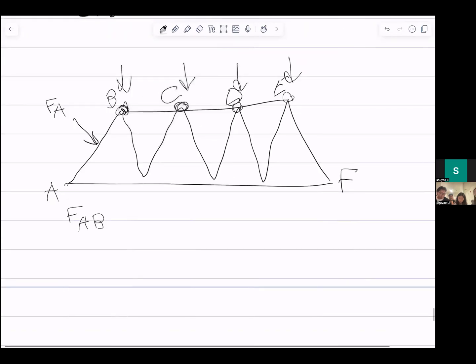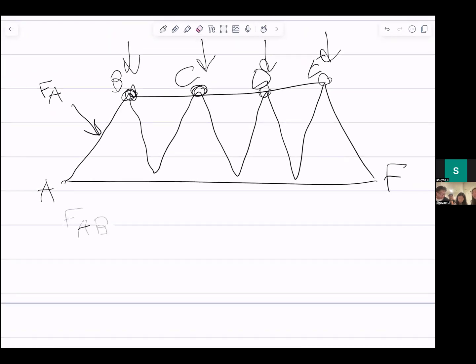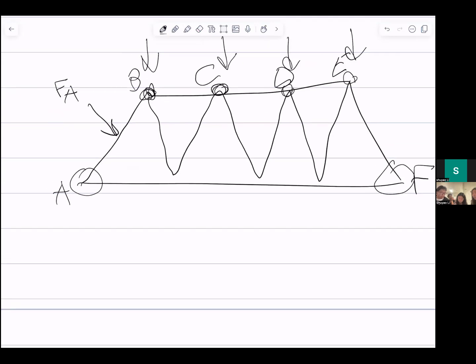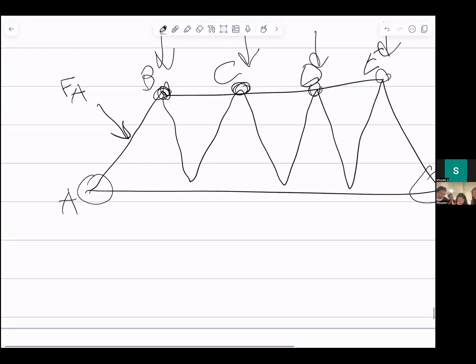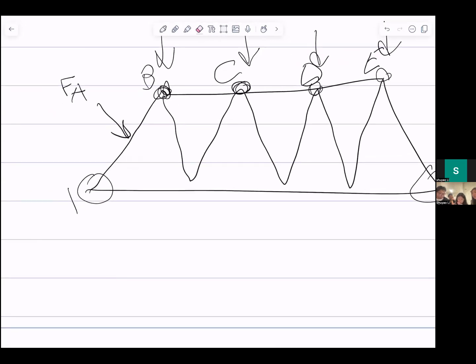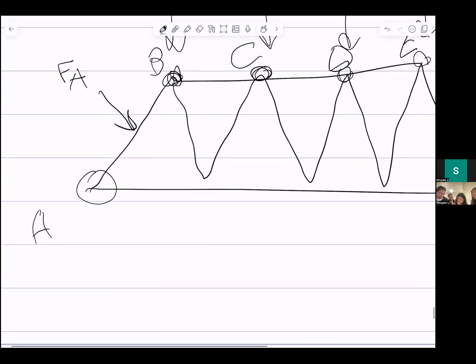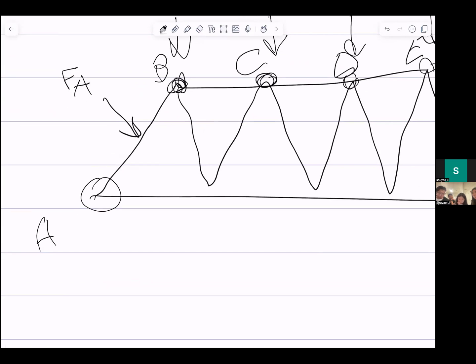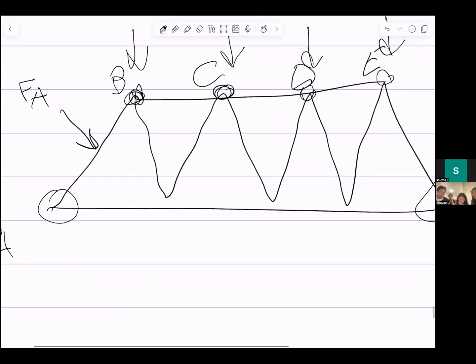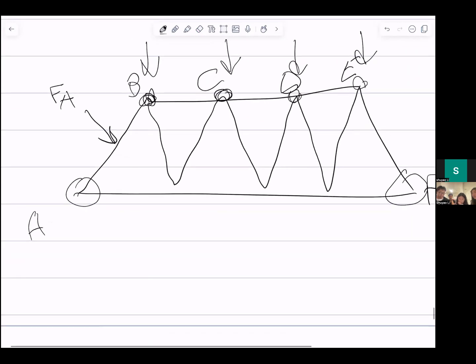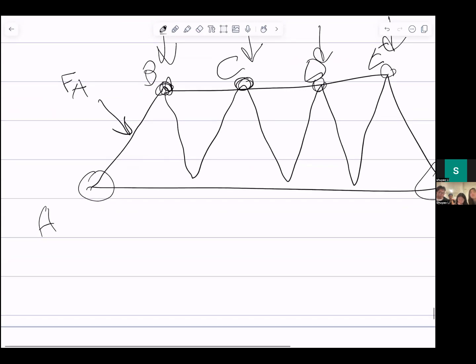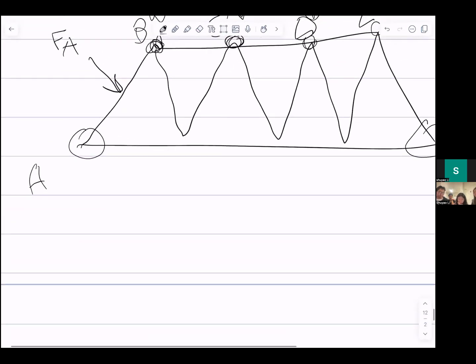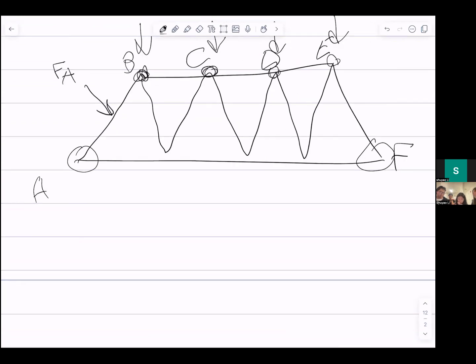So in this case of the design, the zero force members would be points A and F. And although they do not carry force, you do still need to consider them in your FBDs and equilibrium equations, because if you did remove them, let's say this was taken out, the system would then be unstable, and say like a real life problem, it could collapse with A being removed. So that's why we still keep it in our FBDs and in our design.